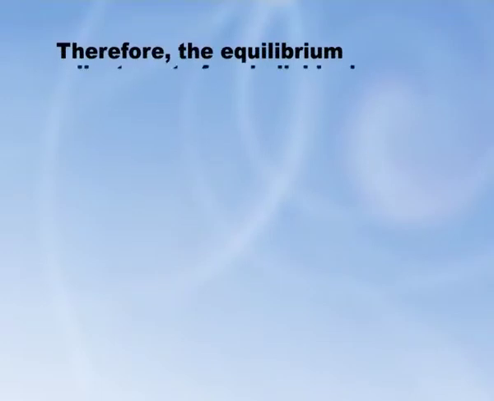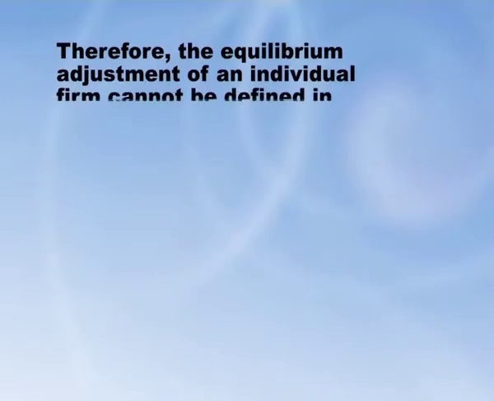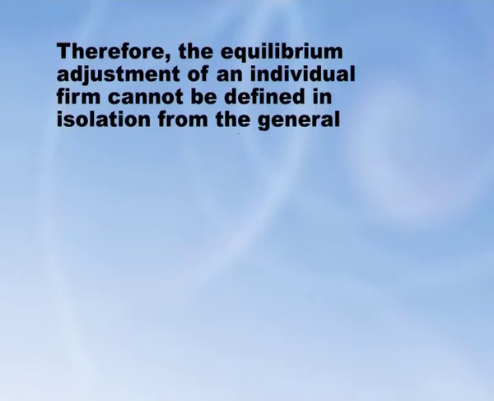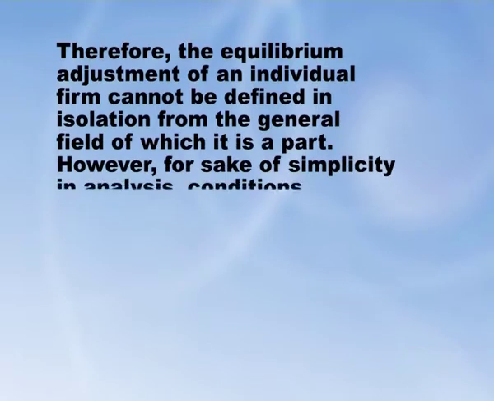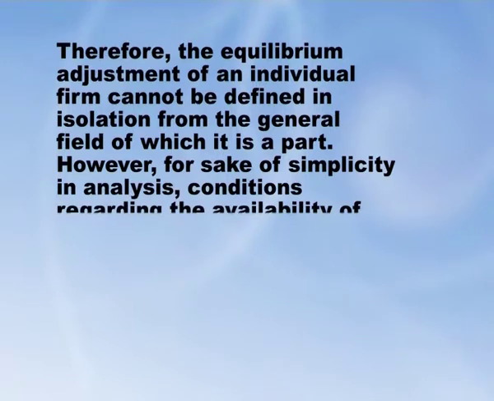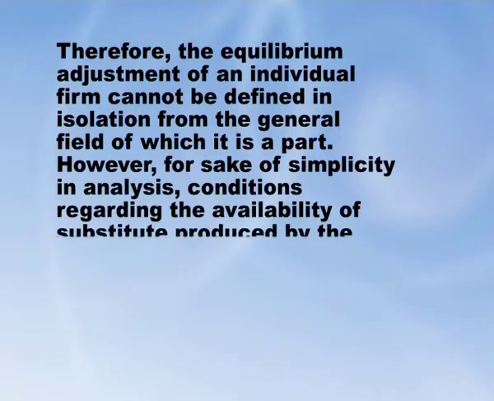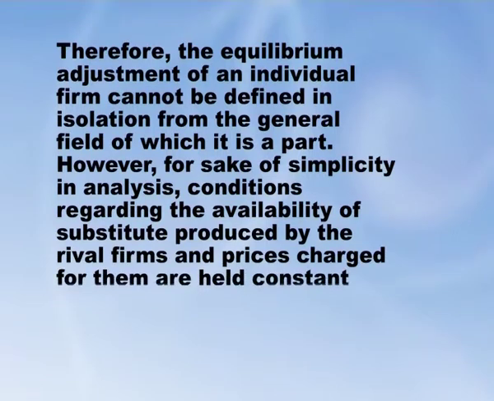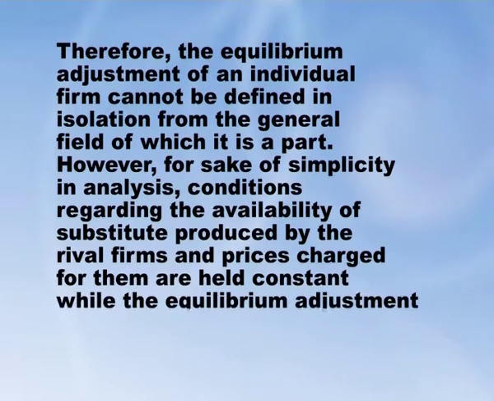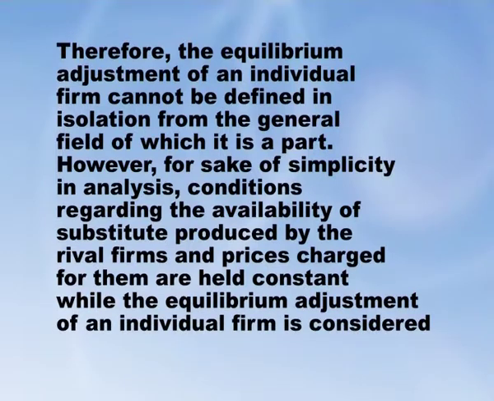Therefore, the equilibrium adjustment of an individual firm cannot be defined in isolation from the group field of which it is a part. However, for the sake of simplicity in analysis, conditions regarding the availability of substitutes produced by the rival firms and prices charged for them are held constant, while the equilibrium adjustment of an individual firm is considered in isolation.